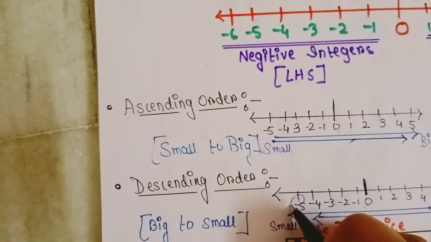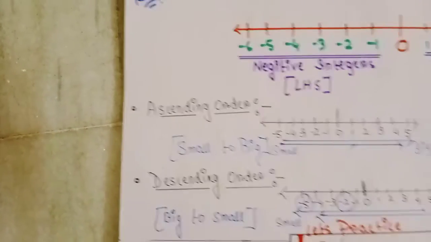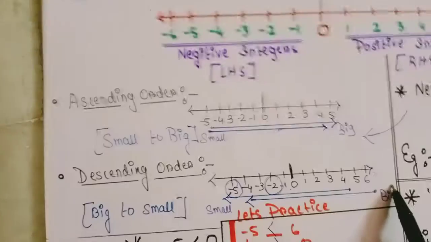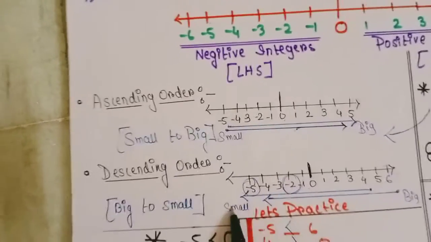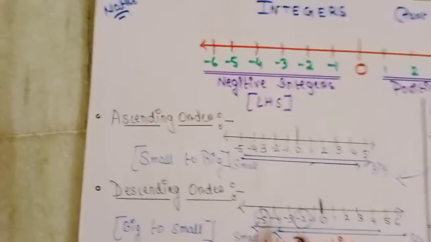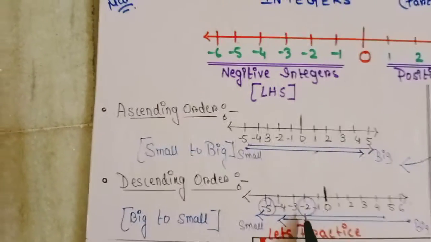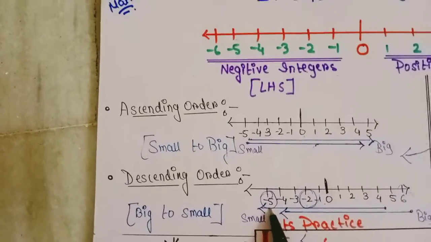I have given the arrow here, big to small. By this you can understand that -2 is greater than -5.